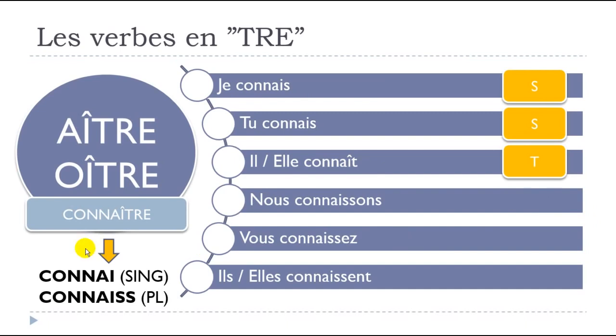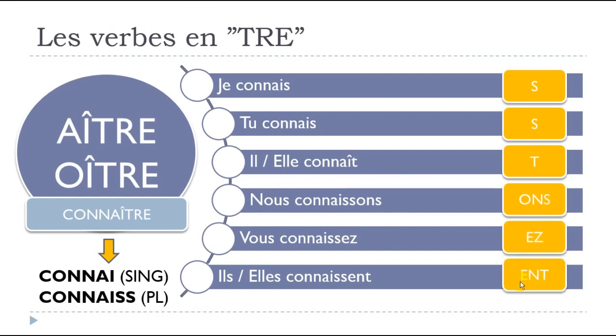But for the plural form, we've got a different stem, connaiss, and the endings will be the same, ons as usual, ez and ent. So you get nous connaissons, vous connaissez, ils connaissent, elles connaissent.